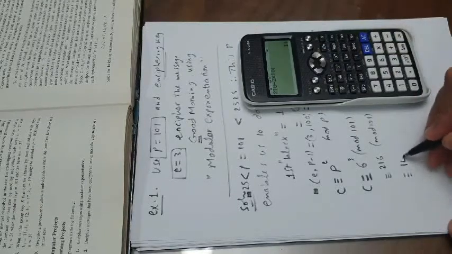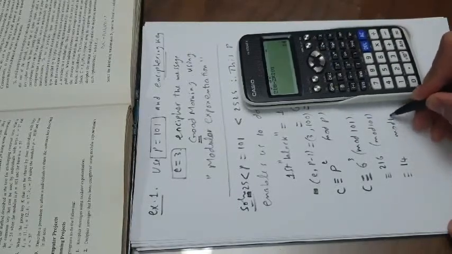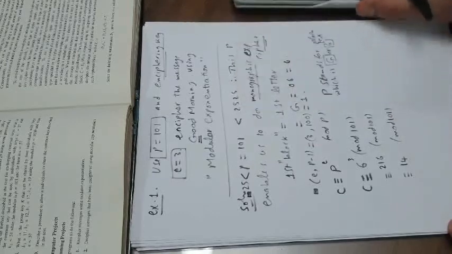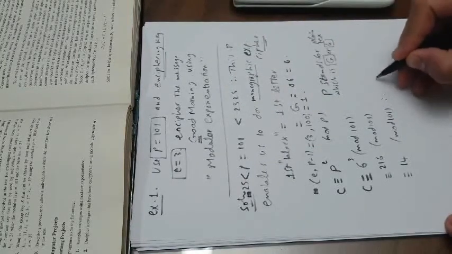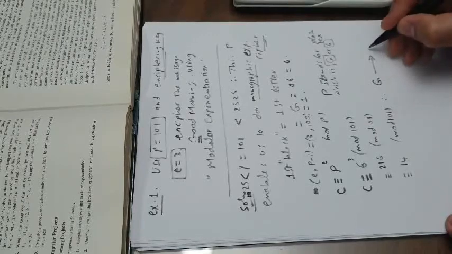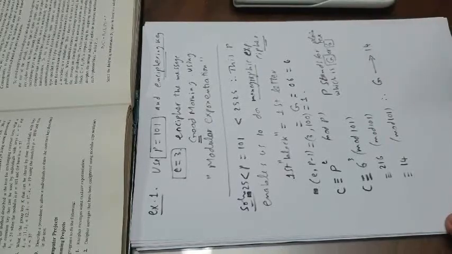So it's 14, mod 101. So the letter G is enciphered to 14.